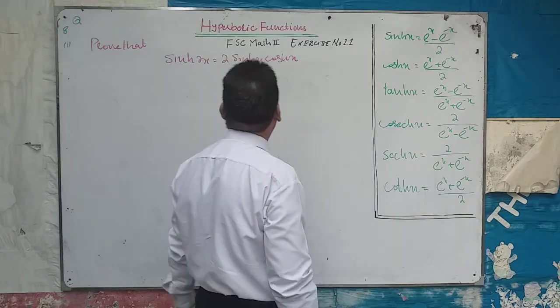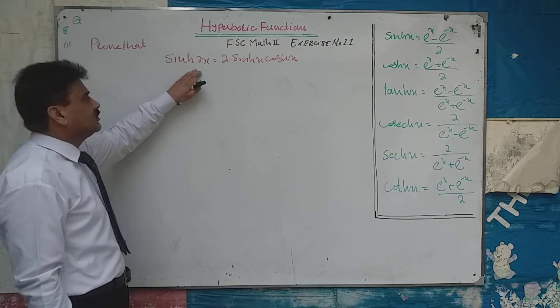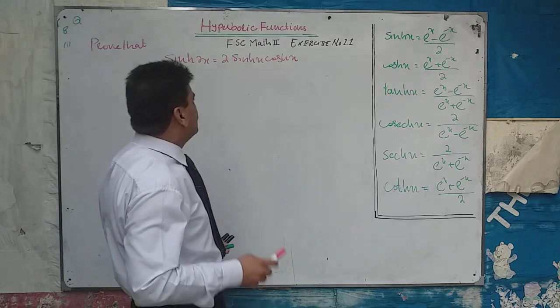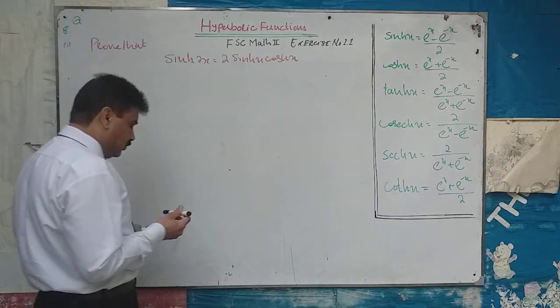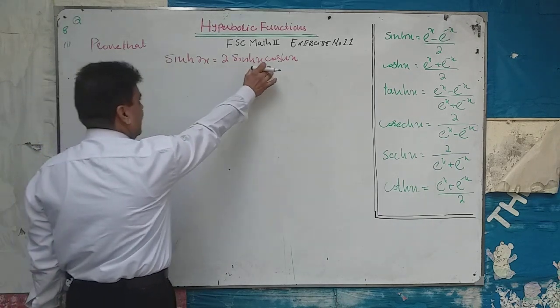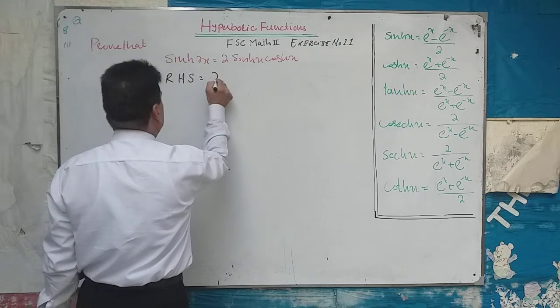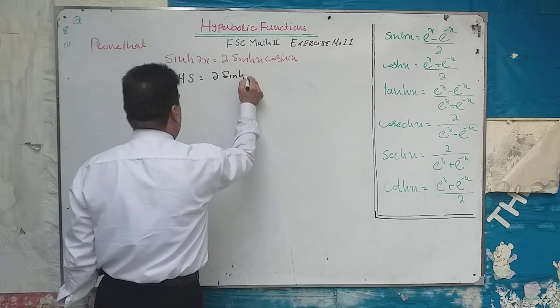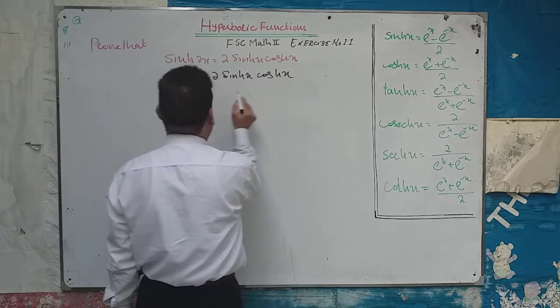Similarly, we have to prove the identity sin hyperbolic 2x is equal to 2 sin hyperbolic x cos hyperbolic x. To prove this, we write its right hand side, which is equal to 2 sin hyperbolic x cos hyperbolic x.